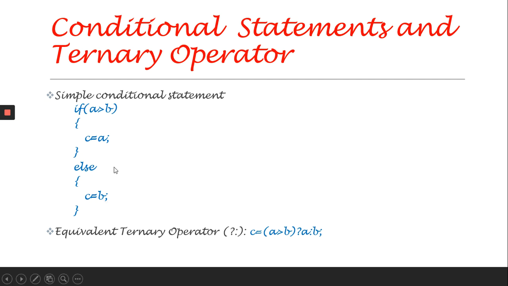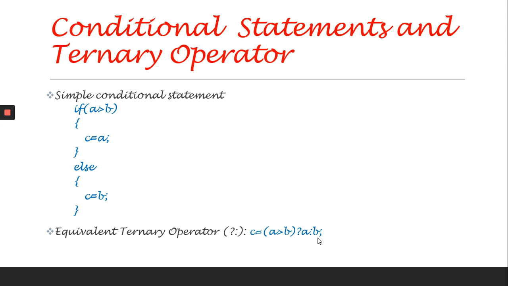You can see that we have written a set of lines in the simple conditional statement that can be replaced using a single line. Here you can write C is equal to A greater than B question mark A colon B. Question mark and colon are the ternary operator.